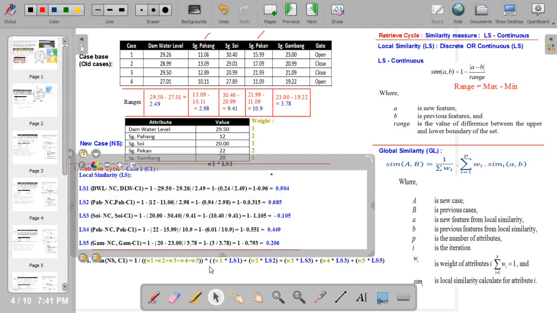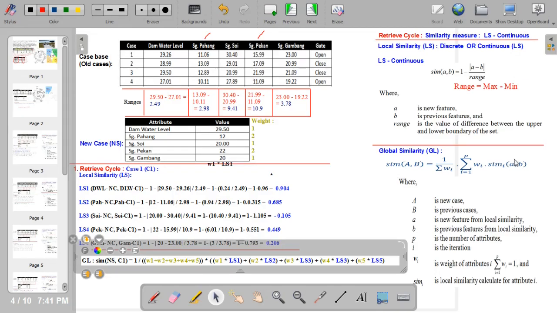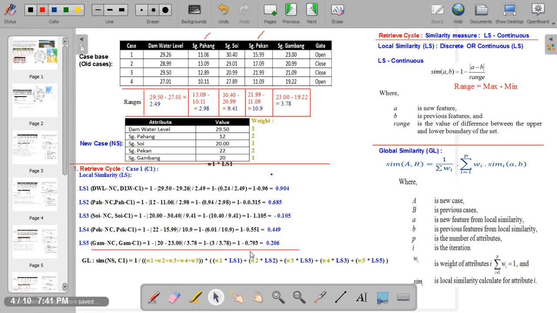So this is how this formula can be expressed, but I have to close the brackets here for the bigger one.